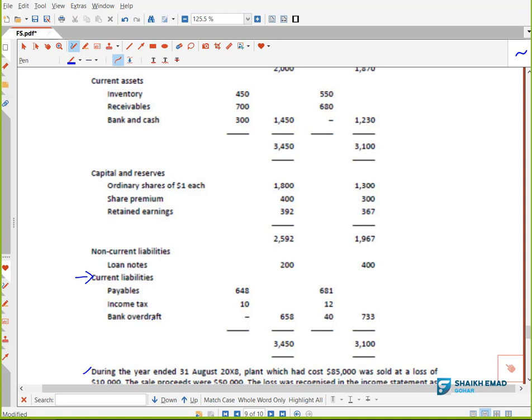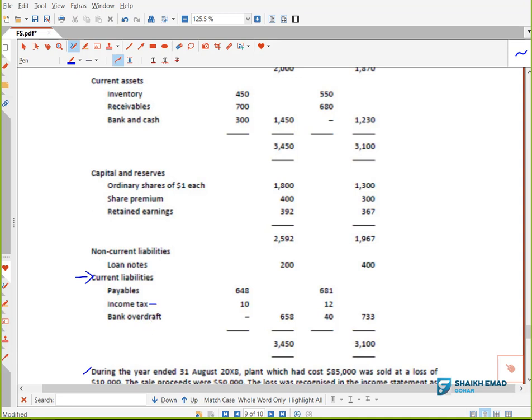It means whatever your expense was, you paid. However, there is some tax payable. See this one, tax. There is some opening, some closing. It means we need to do some adjustment.